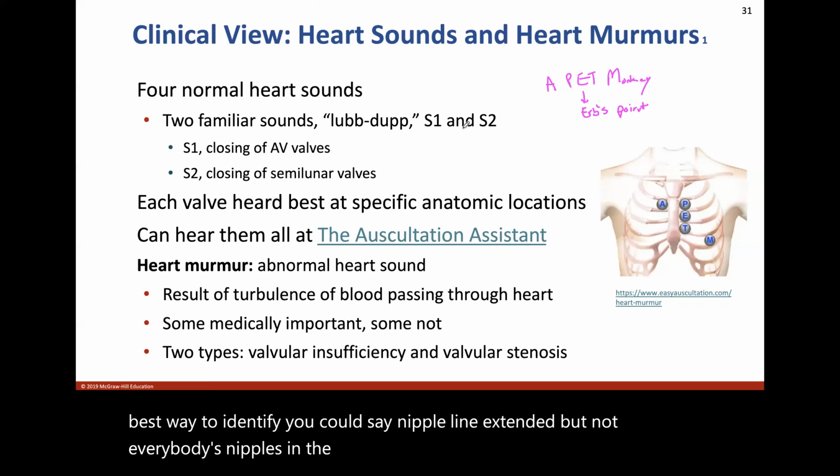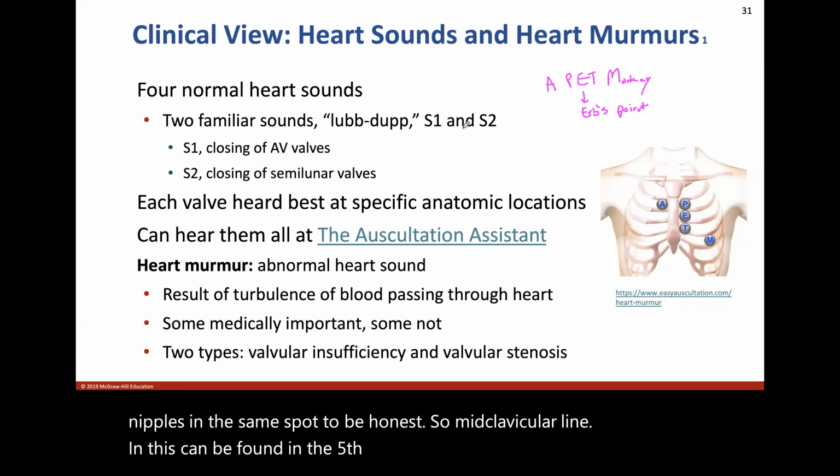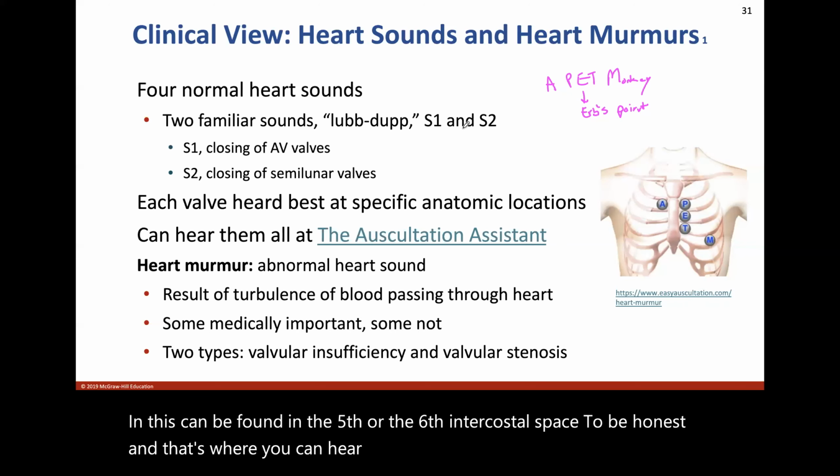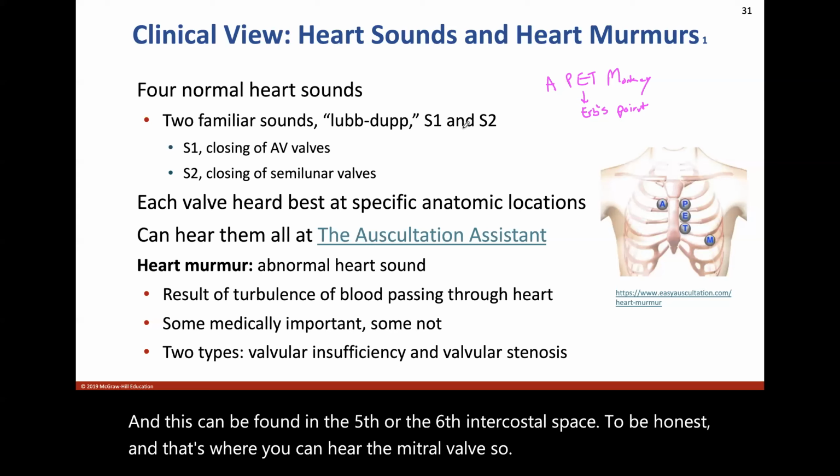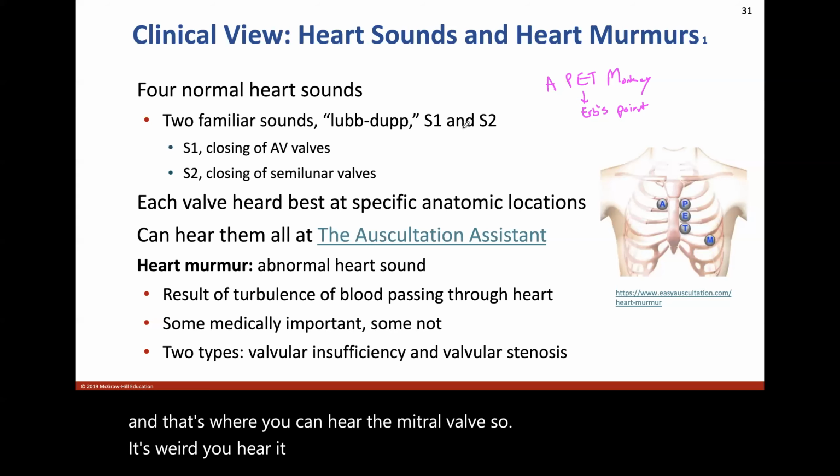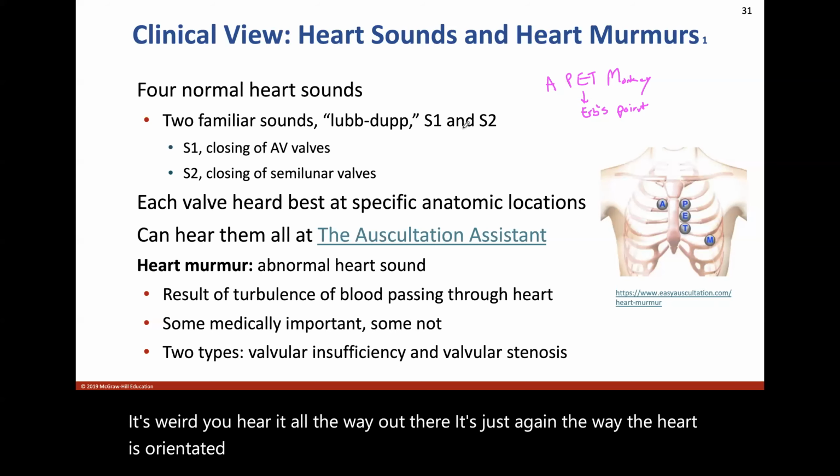So mid-clavicular line, and this can be found in the fifth or sixth intercostal space. That's where you can hear the mitral valve. It's weird, you hear it all the way out there. It's just the way the heart is orientated within the mediastinum and how it's twisted and turned. It's just the best place to hear those things.